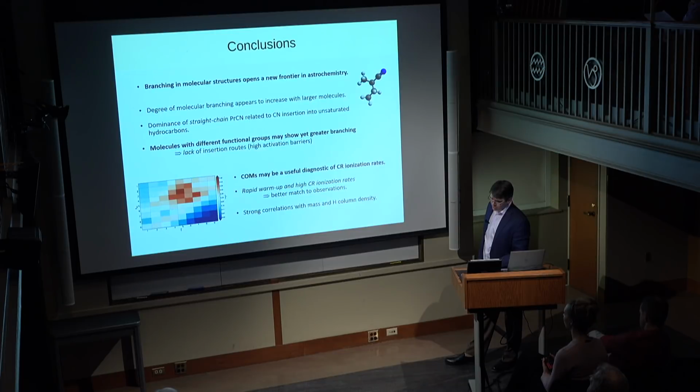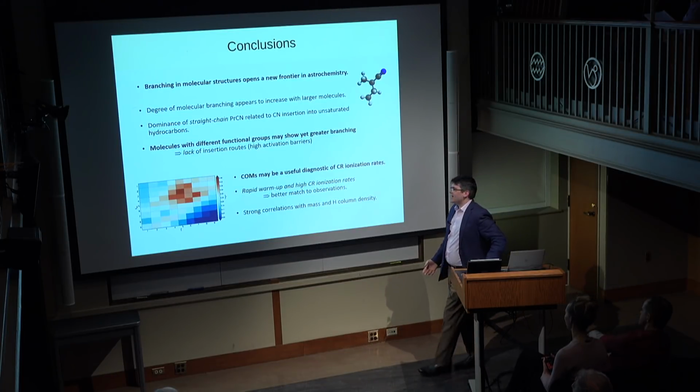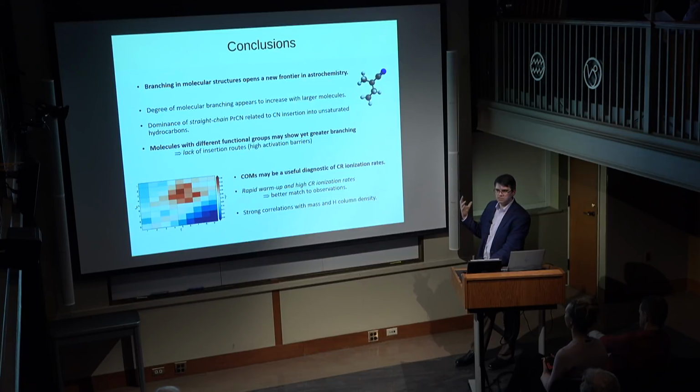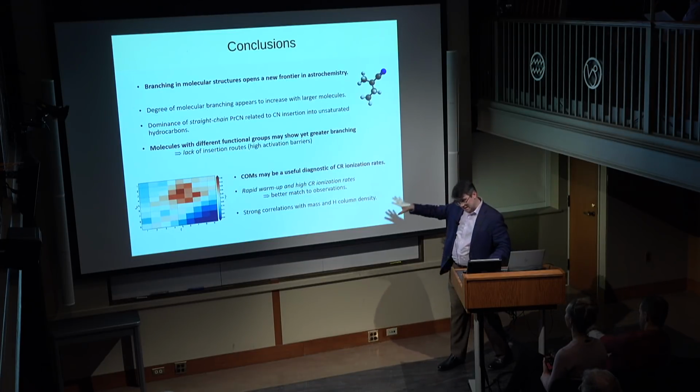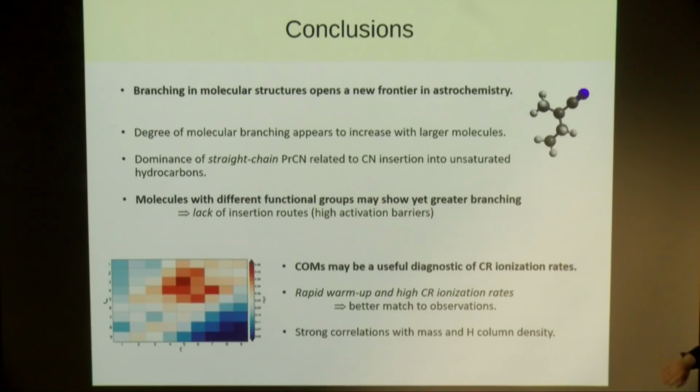The other thing I want to stress again is, often we give these talks and say, look at this molecule, isn't it exciting? And maybe the chemists say, yes, that's very interesting. But the astronomers say, what does it do for us? I think to some extent, by concentrating on individual molecules, we overlook the statistical information that these broadband spectral observations can give us, which can feed into the models to help us tease out physical information, in this case the warm-up and cosmic ray ionization.